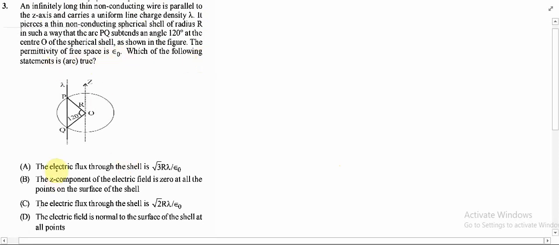The first statement is the electric flux through the shell is root 3 r lambda by epsilon 0. Okay, so we have to find what is the flux through the shell. Gauss's law states that the flux through any closed surface is given by the charge enclosed within the closed surface divided by epsilon 0. In this particular case, our closed surface is the spherical shell, so we have to find the charge enclosed within it.